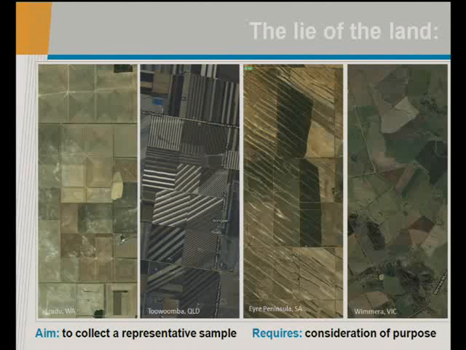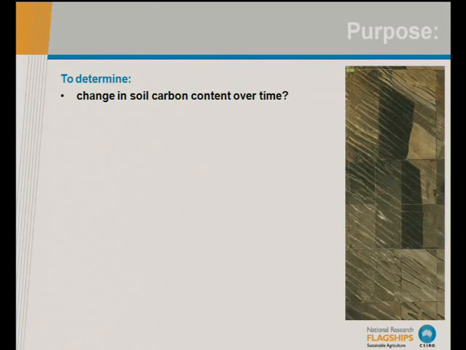So we need to consider what we're sampling. Our aim is to collect a representative sample of whatever we have decided. But in order to define a representative sample, we need to carefully consider what our purpose is and what our spatial context is. So just taking a little bit of a closer look at purpose, are we looking to determine change in soil carbon content over time? Well, to me that's not nearly specific enough.